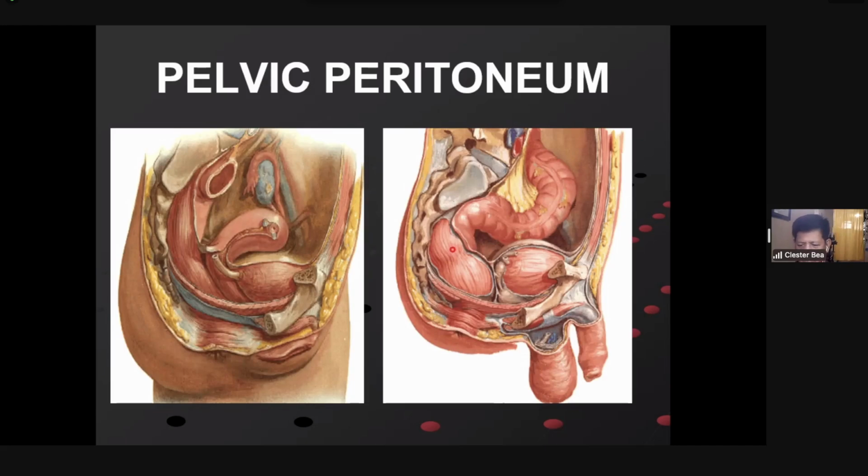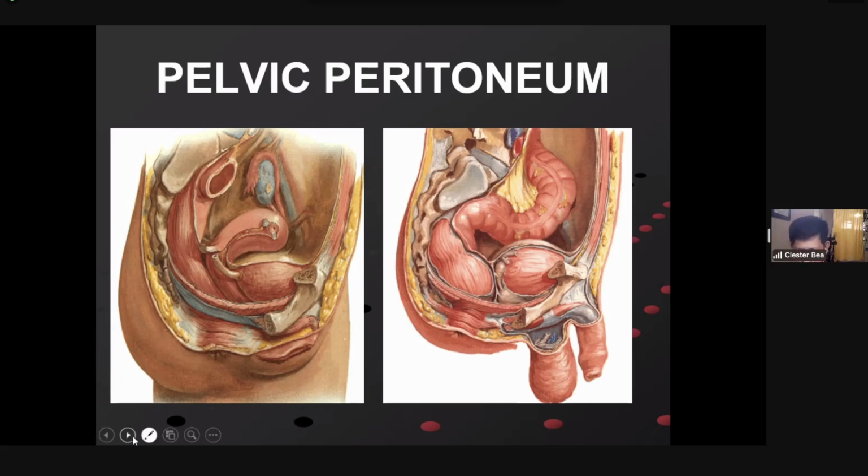But if you put the different visceral organs inside, you subdivide that big space into smaller spaces, as defined by the presence of the visceral organs: the urinary bladder, the rectum, and in the female, the uterus and vaginal canal. So you have spaces in between these visceral organs. We will describe these spaces as subspaces within your pelvic cavity.